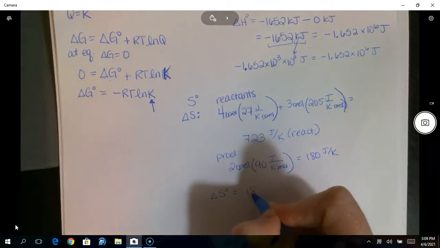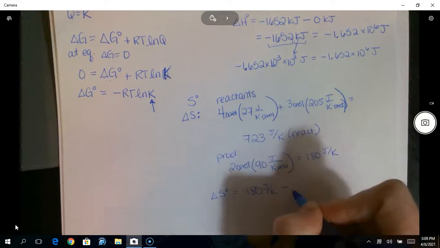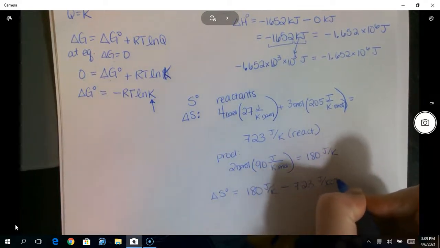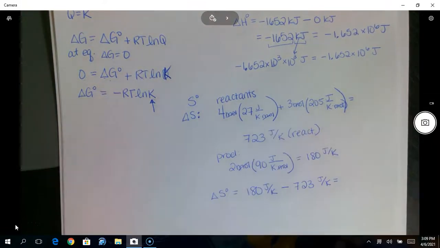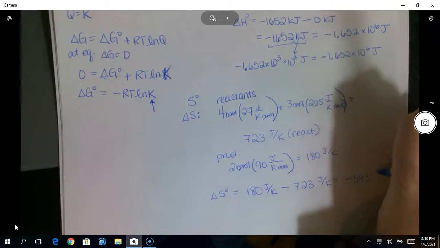So this is going to be 180 joules per Kelvin minus what I started with, 723 joules per Kelvin. When I do this, I have 180 minus 723, and that gives me negative 543 joules per Kelvin.